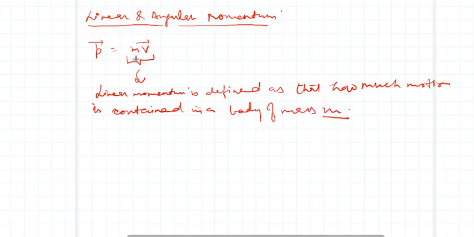That's why I'm writing it as the product of mass and velocity. So this is the simplest way to look at it. This is what is called linear momentum.